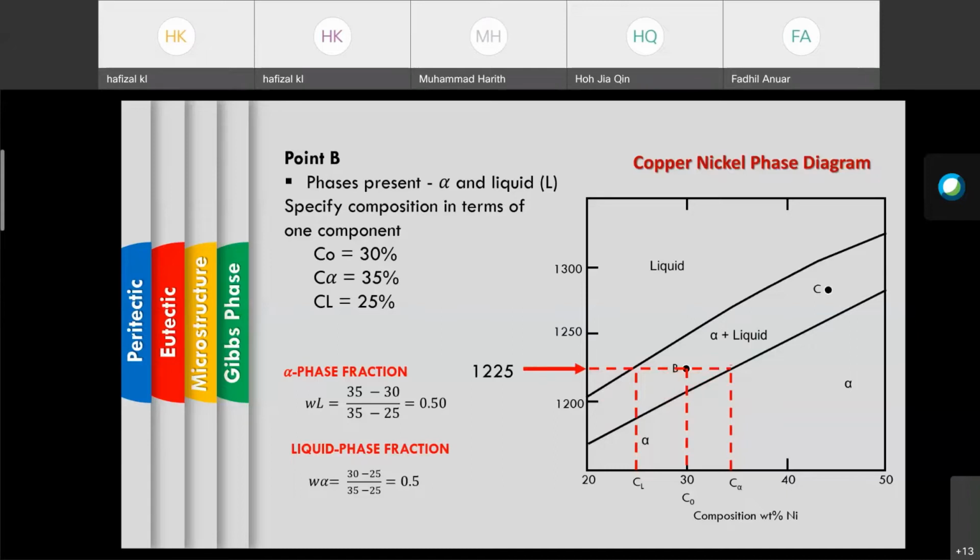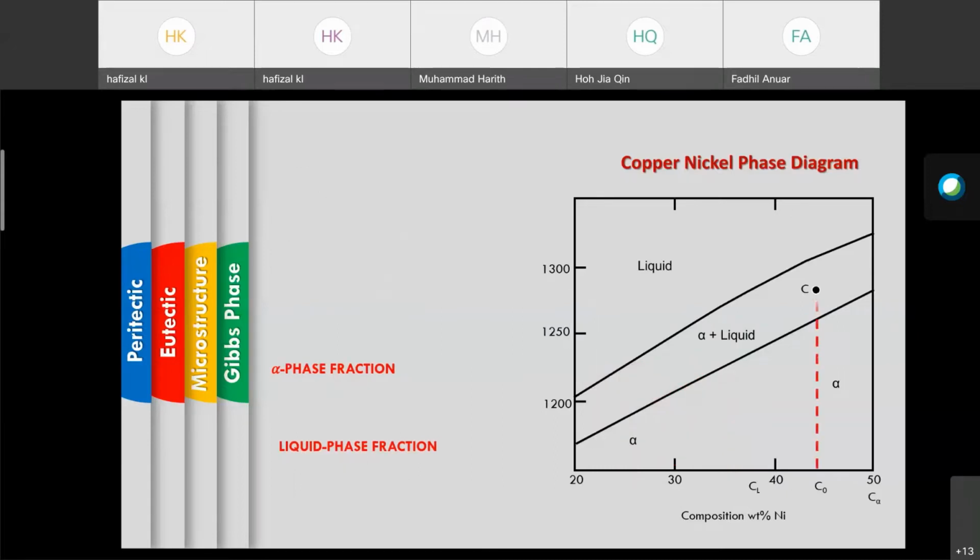Okay, so what will happen at point C? We use the same thing. From there we need to determine the temperature and also the compositions C alpha, CO and CL.